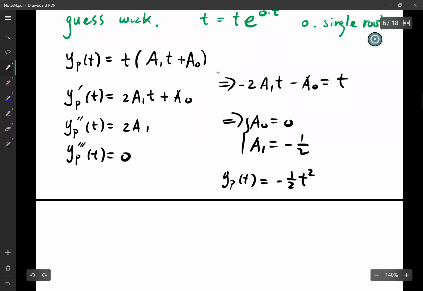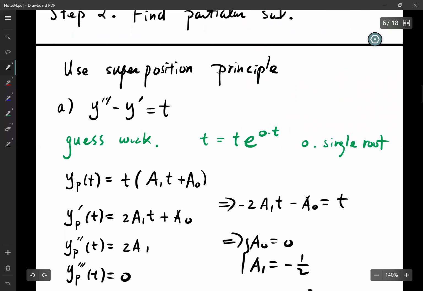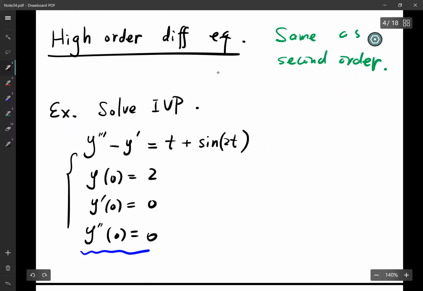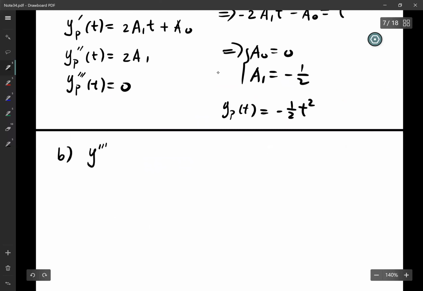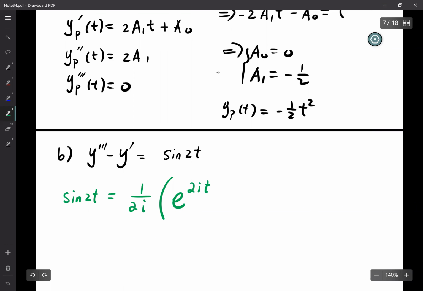Okay. Second sub problem. This one equal to sine 2t. Once I obtain the 2 of them, I put them together, and I've solved the problem. So y triple prime minus y prime equal to sine 2t. Now, again, I use Euler formula. So sine 2t is 1 over 2i times exponential 2it minus exponential minus 2it.